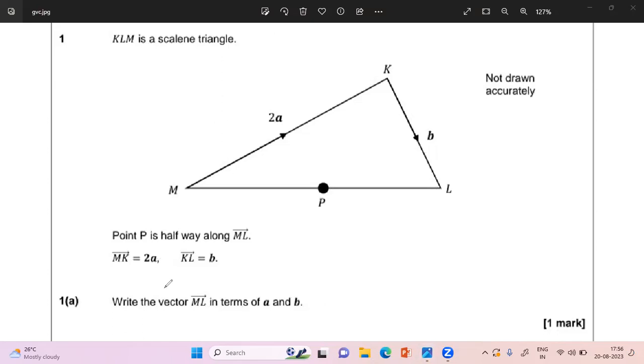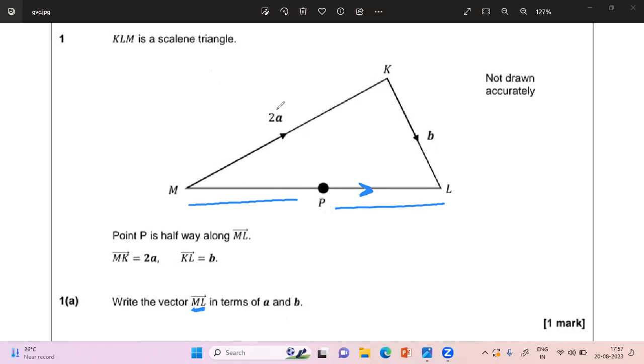See, it says write the vector ML in terms of A, B. ML, that means which vector they are asking? This whole ML. Same, I have to apply triangle law of addition. If in the diagram they haven't specified the direction, draw it. They are asking M to L, that means they are asking this one.